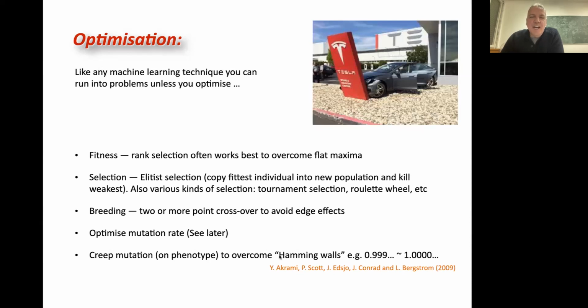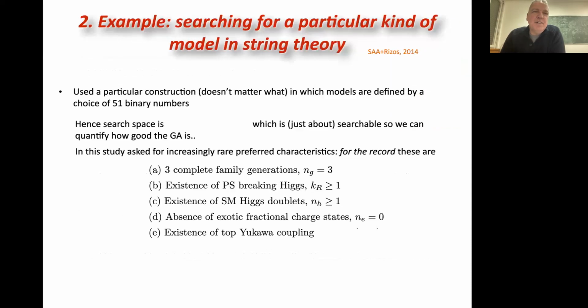And that's called a Hamming wall. Just perturbing the 0.999 isn't going to get me very close to 1 if I'm randomly perturbing the 9s. So there's something called creep mutation, where you work with the phenotype. But generally, you're really just fiddling around with the genotype when you're doing this sort of operation.